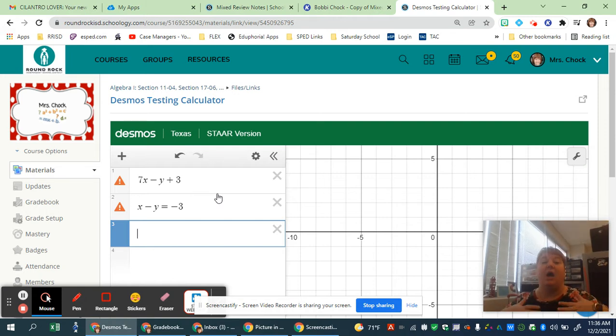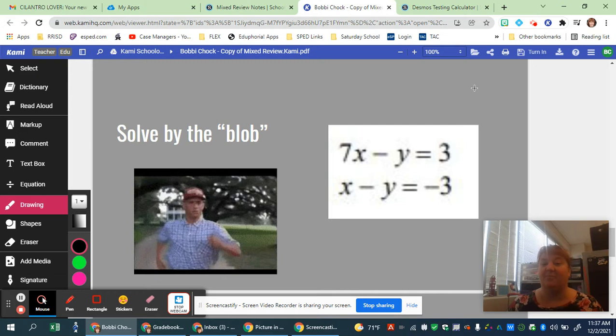Okay. Now, my preferred method, and I'm going to show you that in a minute, because I can use that method to check my work, is to set it to y equals, and then I can put it in here. But let me show you what the blob method would do. The easiest would be to set this to x equals. So x equals y minus 3. Now, how did I do that? I added y, canceled out.